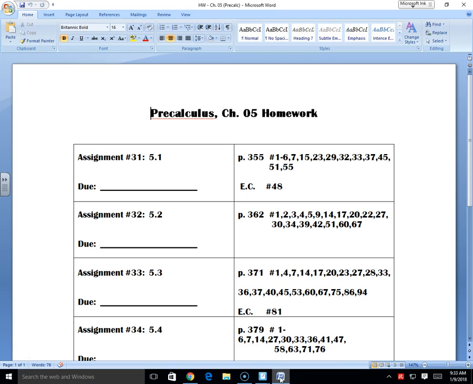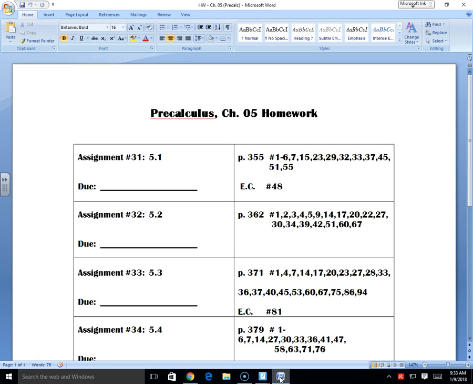Alright, let me walk around the room really quickly just to see those of you that do have it fully attempted, and then I'll take specific questions that you guys already have from homework. Those of you that did get to work on homework, let me get some numbers from you that you're stuck on currently. Randy, you're stuck on which one? 22.